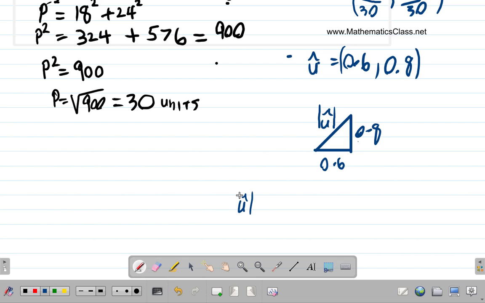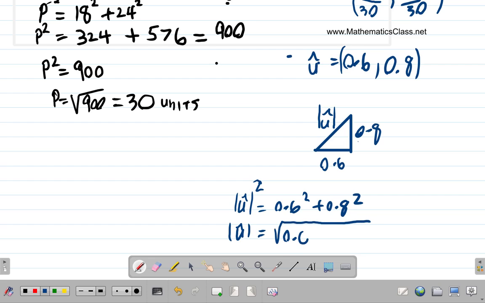The magnitude of U would be the square root of 0.6 squared plus 0.8 squared.